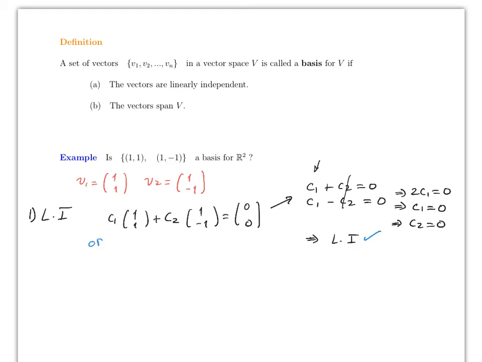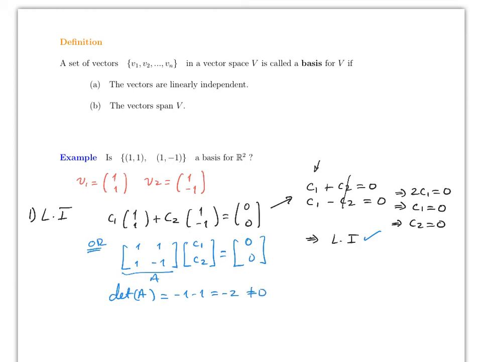Remember, you can also use the matrix form to create a matrix. So this will be [1, 1; 1, -1] times [c1, c2]. Technically you want to solve the homogeneous system, or in essence you want to find the null space. From here, the determinant of, let's say this is A, you can see is equal to -1 - 1, which is -2.